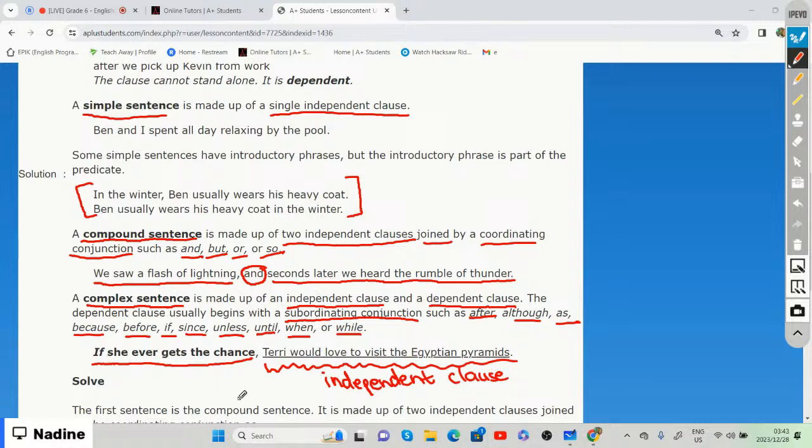And then our dependent clause that starts with a subordinating conjunction is if she ever gets the chance. So this is our dependent clause.